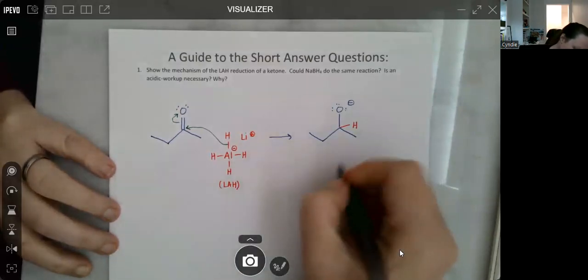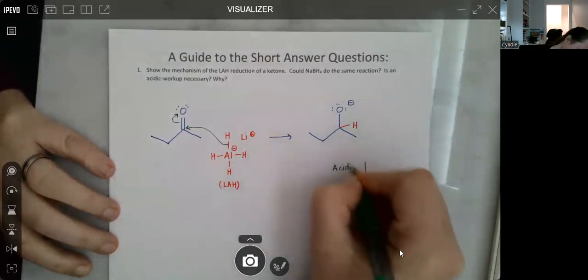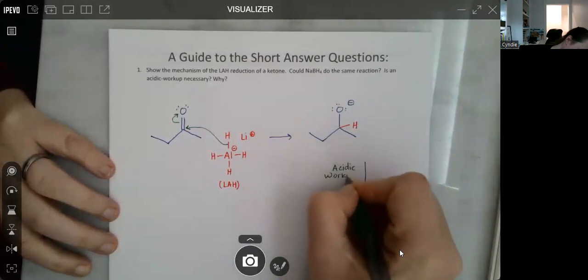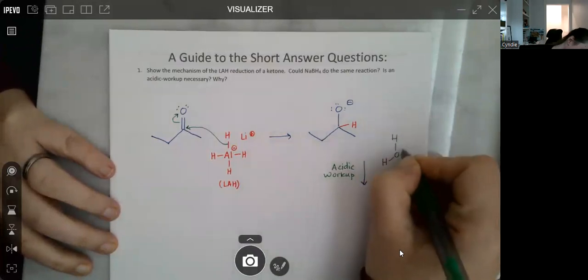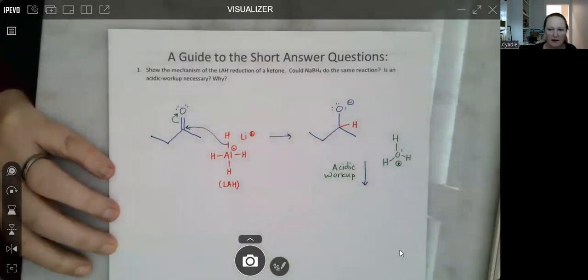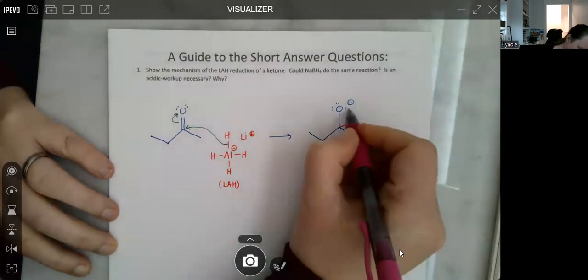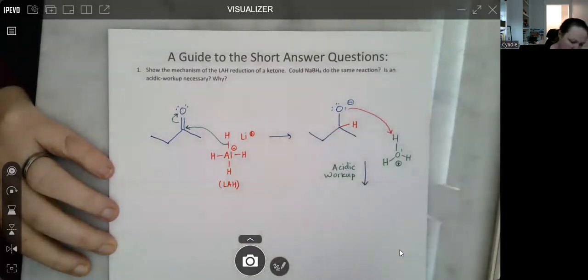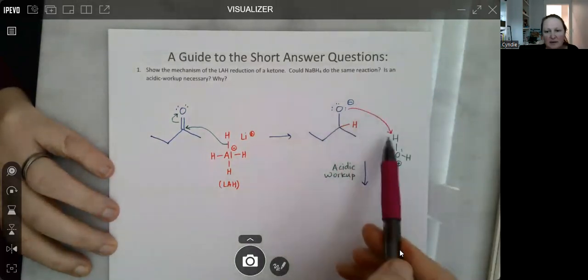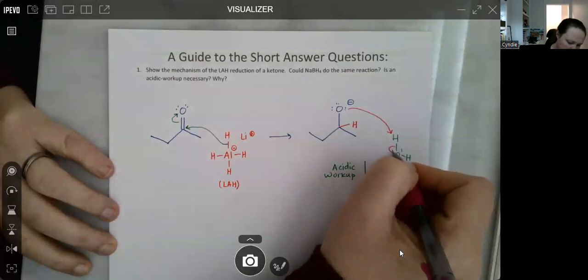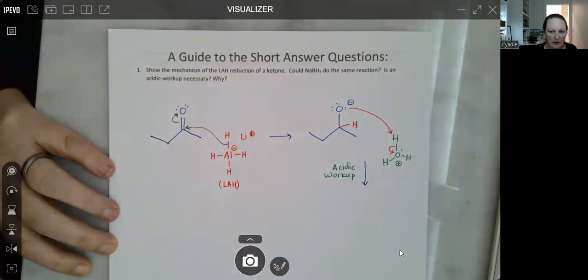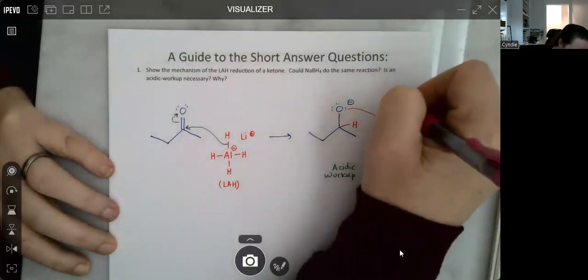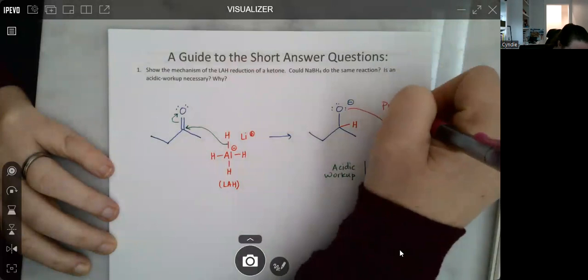So we do need an acidic workup. So dilute acid, very common here. And we're going to show proton transfer. Remember, with proton transfer, we start from the base, point to the proton, leave the electrons behind, and we need to show 2 arrows for every proton transfer. So this is a proton transfer.